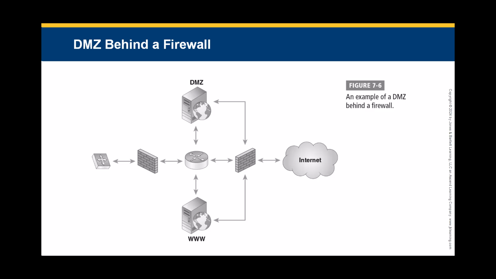The key takeaway from this slide is that a DMZ acts as a security buffer. It allows organizations to provide public services while minimizing risk to internal systems. A properly designed DMZ assumes that public-facing systems may be compromised and plans for that reality by limiting what attackers can reach.